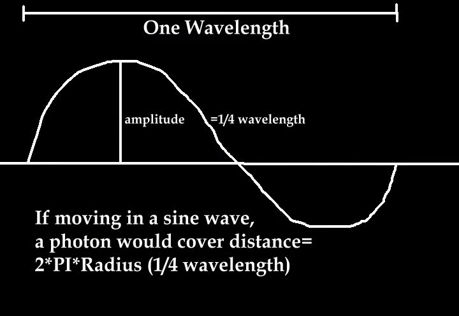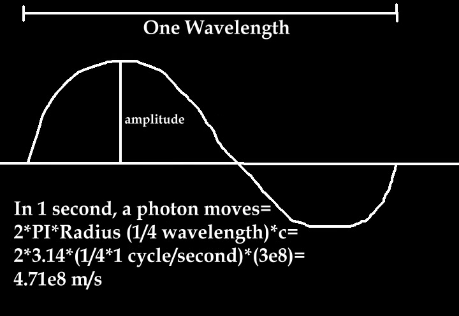If a photon moves in a sine wave, a photon actually moves 2 times pi times radius in one wave. In 1 second, a photon will move 2 times pi times radius, in parentheses, 1/4 times wavelength times frequency, equals 1/2 times pi times the speed of a photon in the z dimension, 3 exponential 8 meters per second.